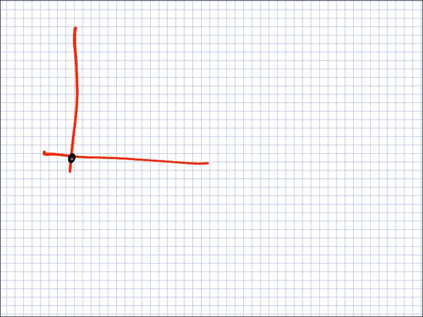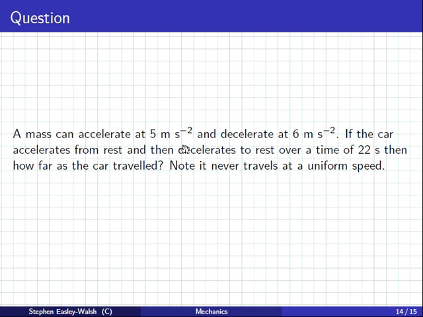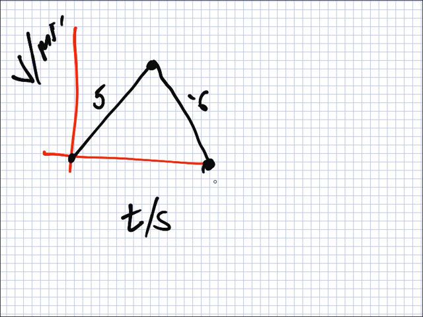It starts at rest, and accelerates and then decelerates. I tell you that this is 5 and this one is going down at 6 meters per second squared. And the total time here is 22. And I want to know what is the distance travelled.